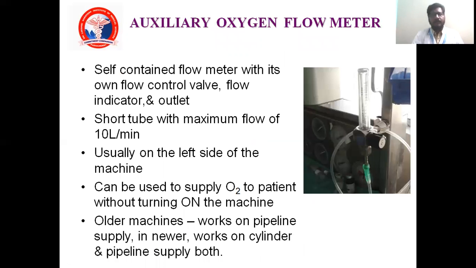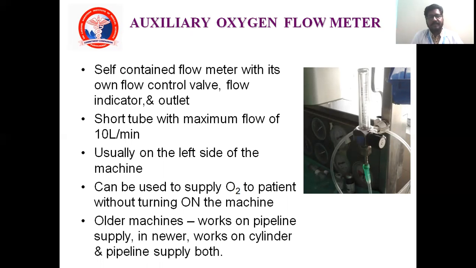Now coming to the auxiliary oxygen flow meter. In every Boyle's apparatus, we can see the auxiliary oxygen flow meter. It is a self-contained flow meter with its own flow control tube, flow indicator, and outlet. It is a short tube with a maximum flow of 10 liters per minute, unlike the oxygen flush, which can give 35 to 75 liters per minute.